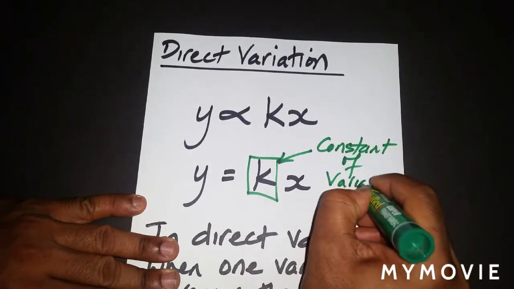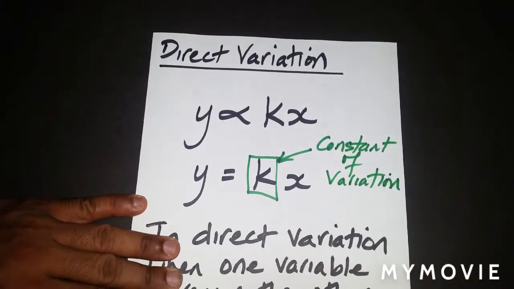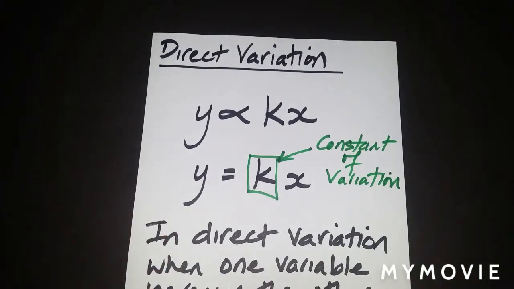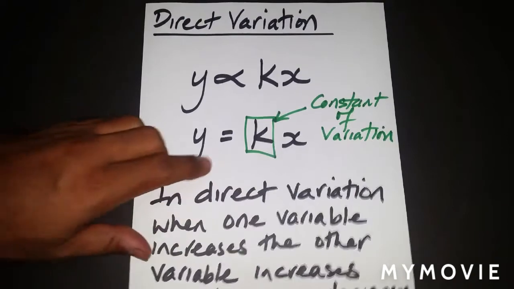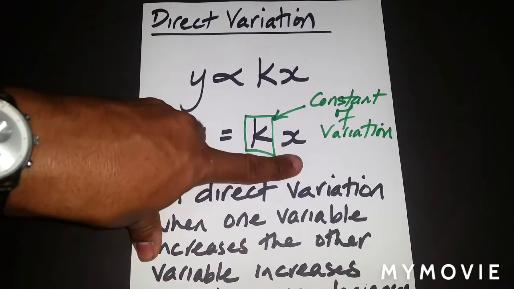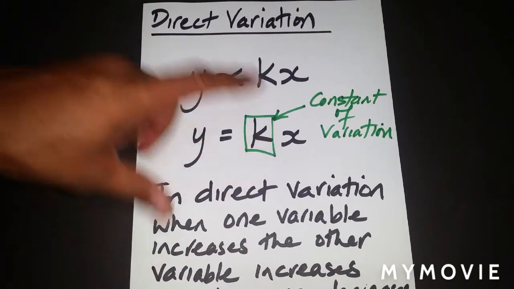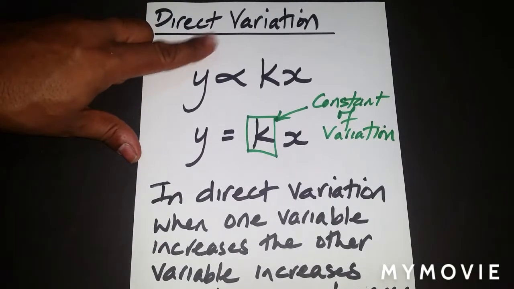That's what k is. So this is the formula that we're going to be using to solve particular problems: y is equal to kx if that problem is direct variation.